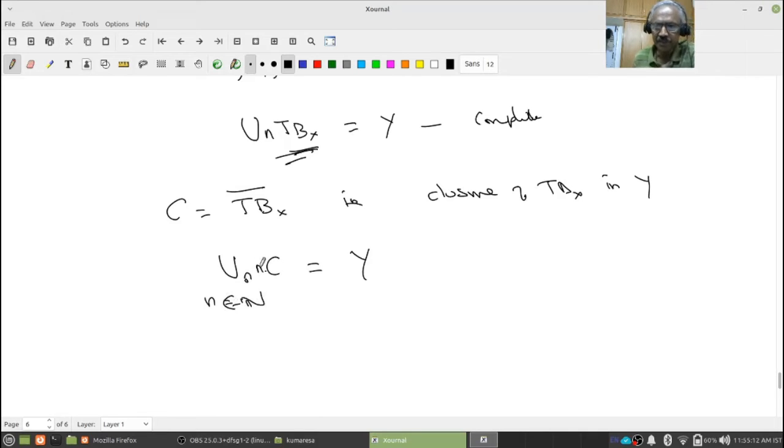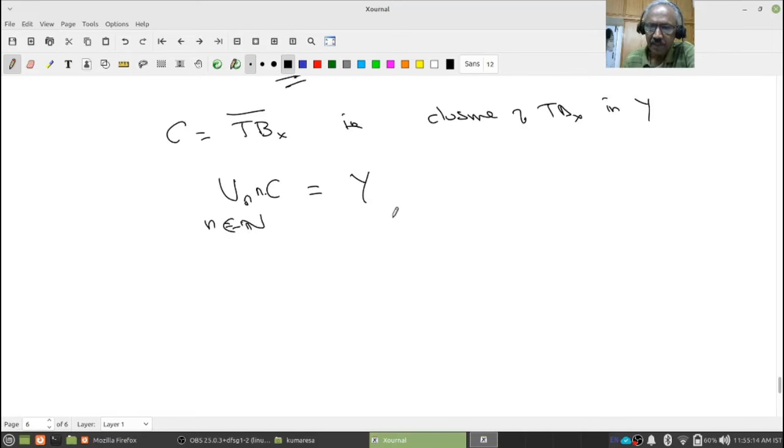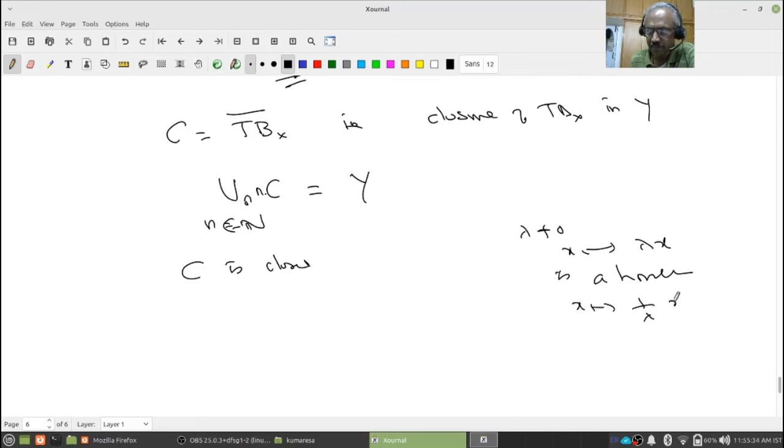Now notice that each of them is closed, because C is closed, and the map for lambda not equal to 0, x going to lambda x, is a homeomorphism. It is continuous. The inverse is given by x going to x over lambda. Therefore this is a homeomorphism. Under the map x going to nx, C goes to nC. Since it is a homeomorphism and C is closed, nC is also closed. Therefore each nC is closed.